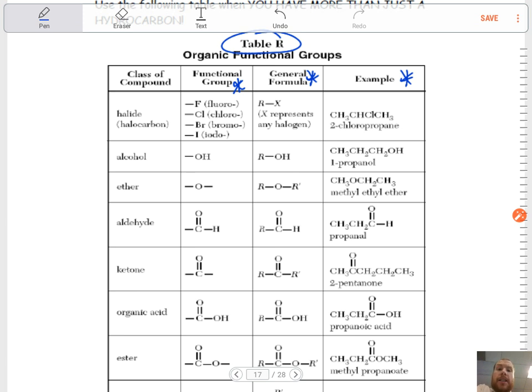A lot of the naming still holds true from what we've already learned with the alkanes, alkenes, and alkynes. Pretty much everything you're going to see with functional groups, guys, is an alkane, and then has a functional group attached to the alkane series. So keep that in mind as we go along.